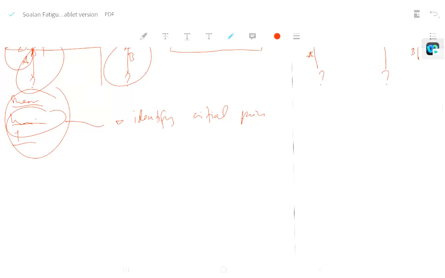Then after that, calculate and identify the fatigue stress.